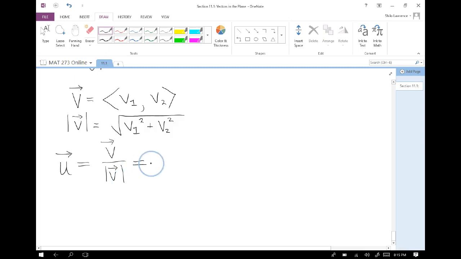Division is just the same as scalar multiplication, because you can think of it as multiplying by a fraction, and that scalar just gets distributed to all of the components. So our unit vector would have components v1 divided by the magnitude of v, v2 divided by the magnitude of v.